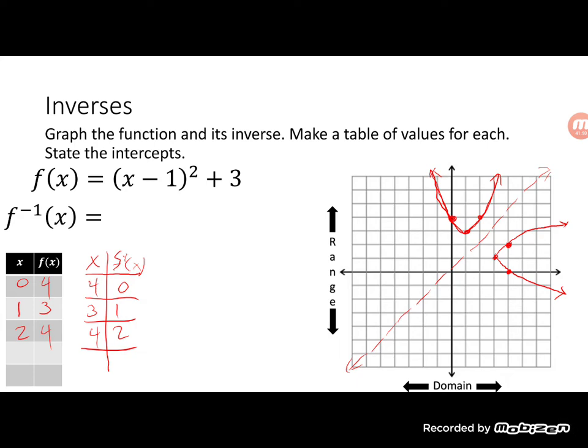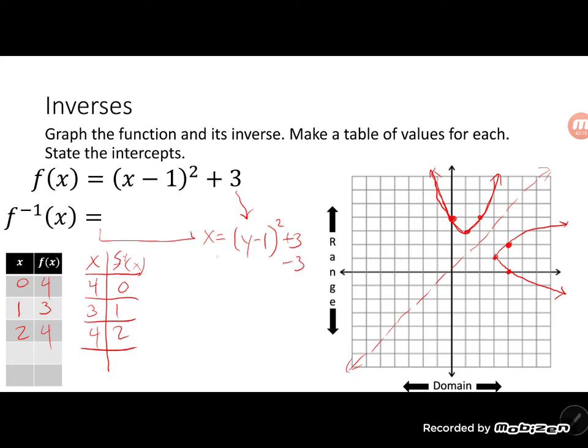We're now going to go ahead and find the inverse of this with the equation. So remember, how do we find that? Well, we're going to switch x and y. So we're going to write x equals y minus 1 squared plus 3. Now, you may have already done stuff similar to this on Desmos. The only difference now is you're just solving for y.